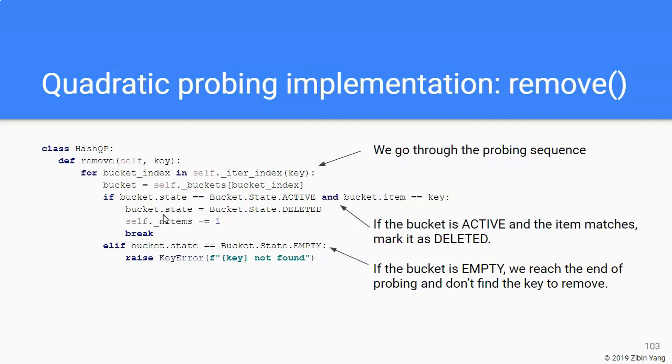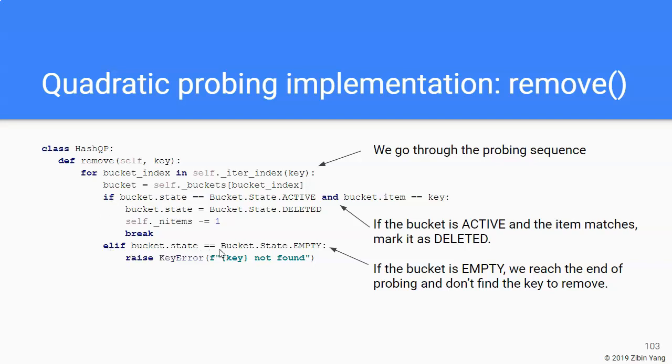What we can do in that case is set the state to deleted, right? So it used to be active, but now it's transitioned to a deleted state. And therefore, the number of items, which keeps track of the number of active items in the hash table, is decremented by 1.